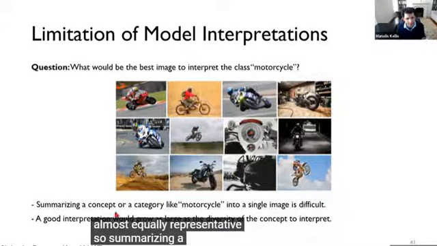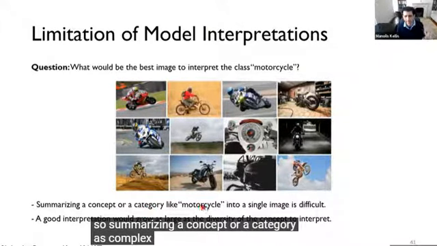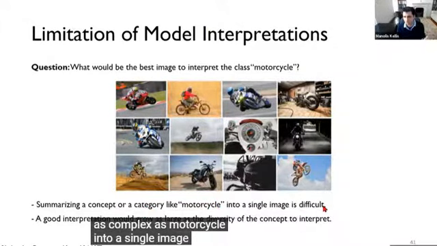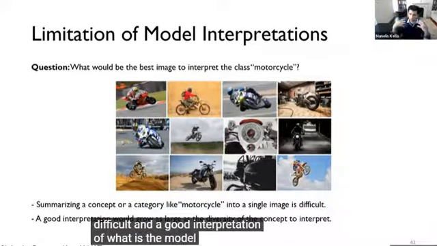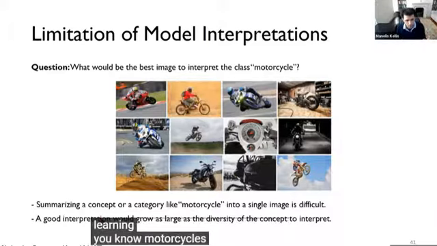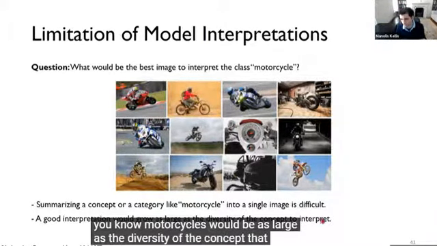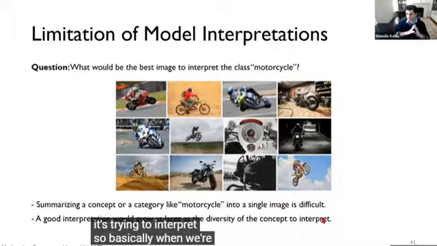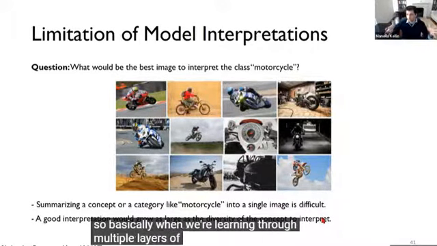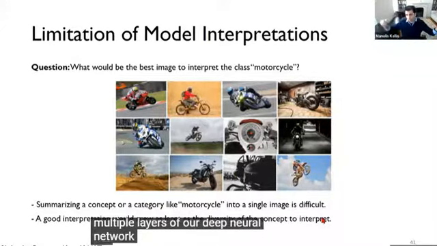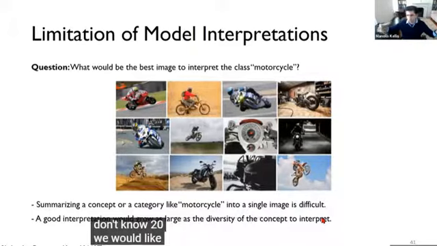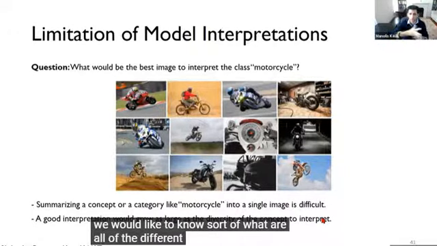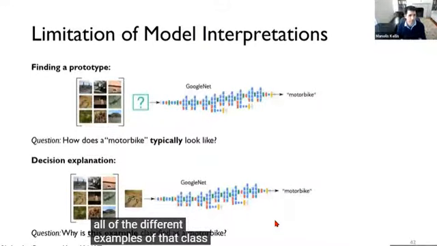So summarizing a concept or a category as complex as motorcycle into a single image is extremely difficult. And a good interpretation of what the model is learning when it's learning motorcycles would be as large as the diversity of the concept that it's trying to interpret. So when we're learning through multiple layers of our deep neural network, the concept of a motorcycle at layer 20, we would like to know what are all of the different examples of that class.